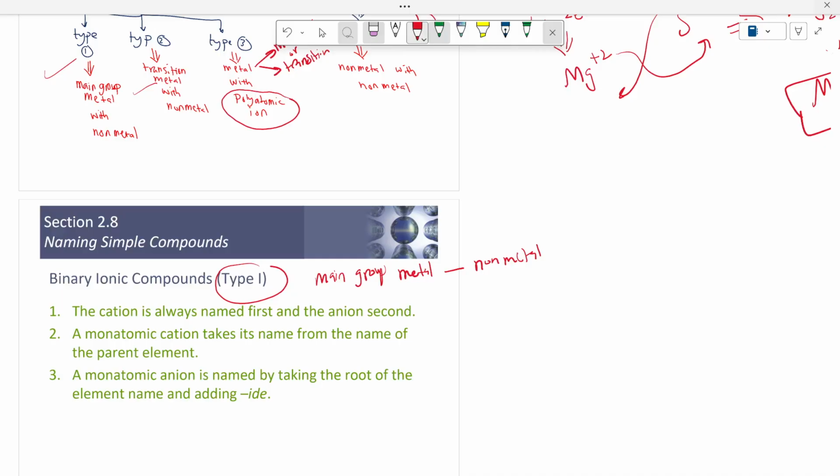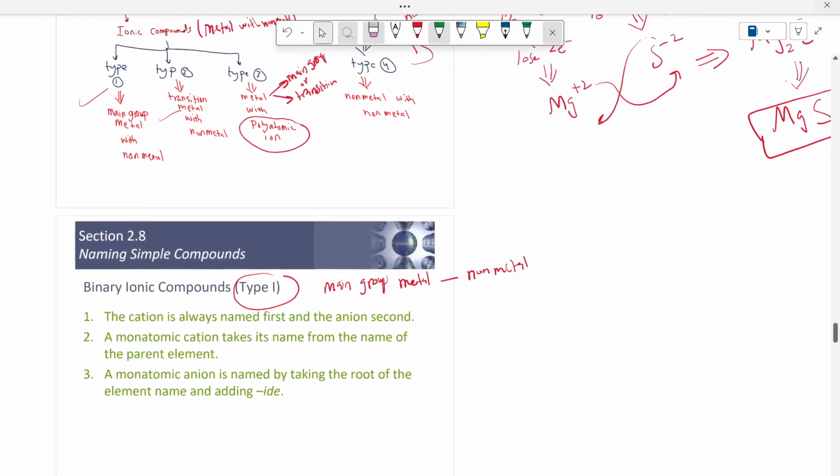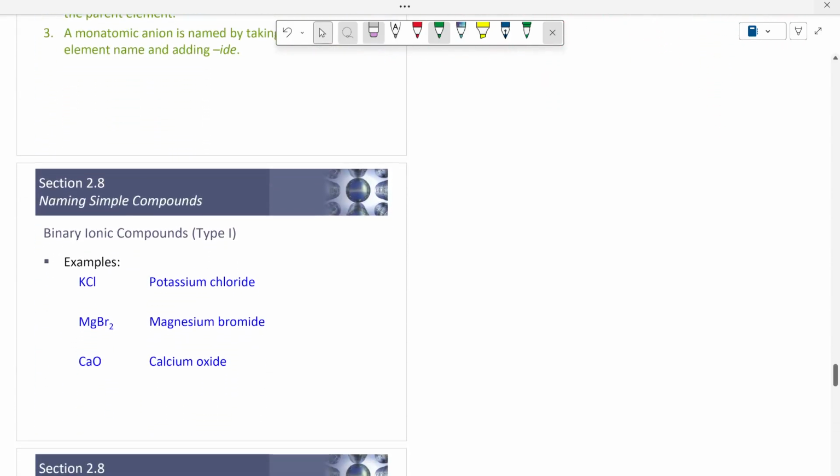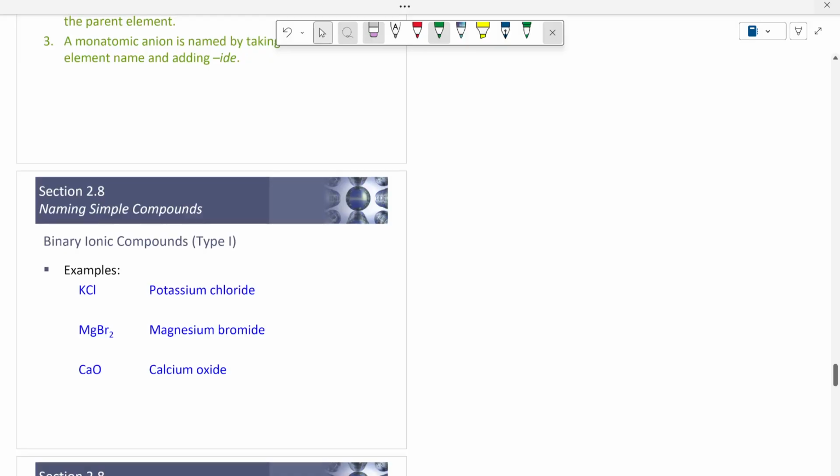By practice, you can become familiar with these names. The main group metals don't change the name, the metal is written as it is: sodium, calcium, magnesium, barium, etc. Examples are here. KCl. Write the name of K, which is the metal, as it is. This is potassium. Write the name of the second element by replacing the last 2-3 letters with the suffix IDE.